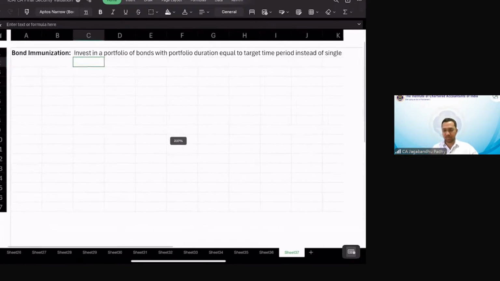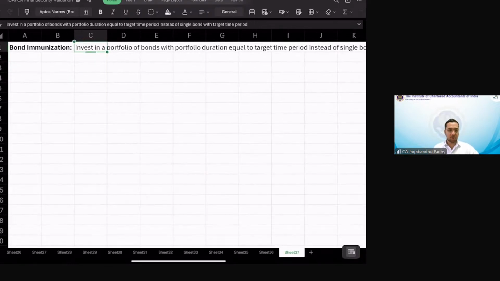Right? So this is the strategy that we are talking of, bond immunization, where we invest in a portfolio of bonds with portfolio duration equal to target.